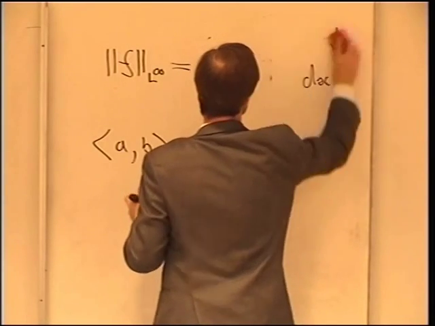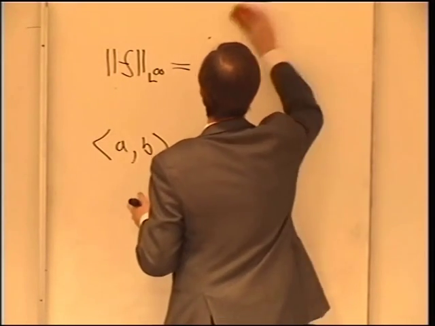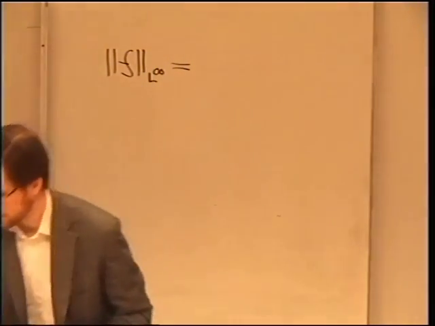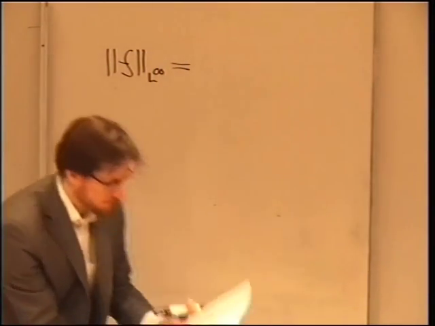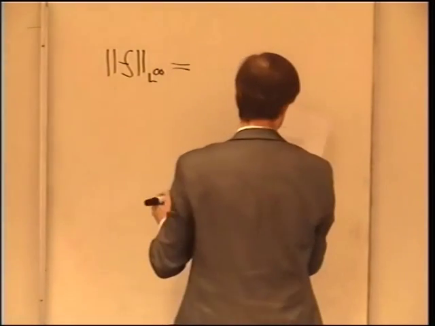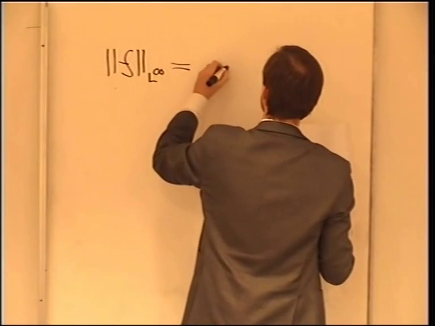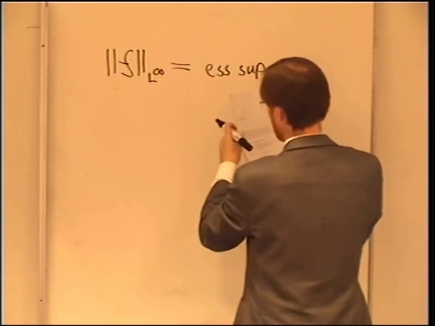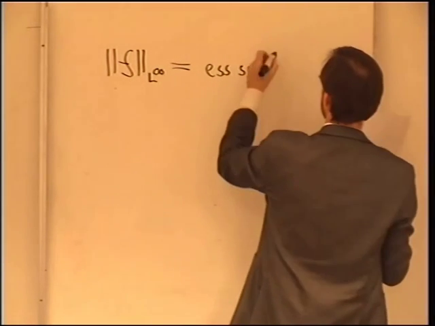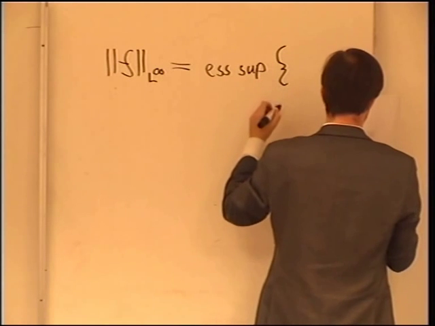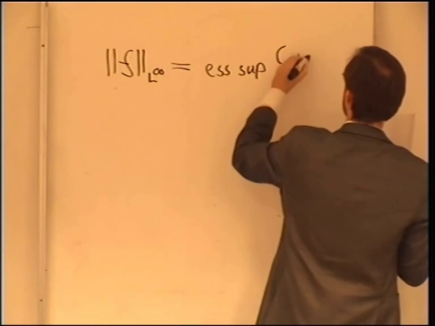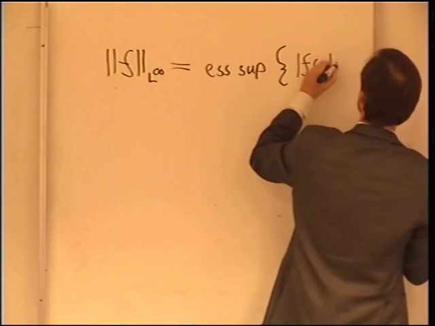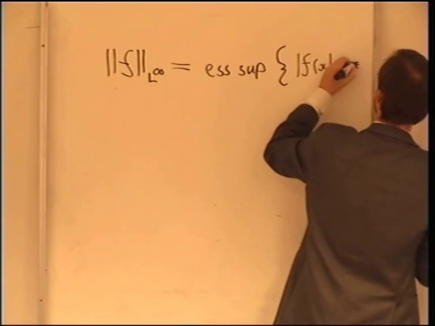And the L infinity norm is, getting the notation right from the book, the essential supremum. Don't worry, scary new words, we'll discuss what those mean in a minute, over the set of absolute values of the function for any x in the domain.